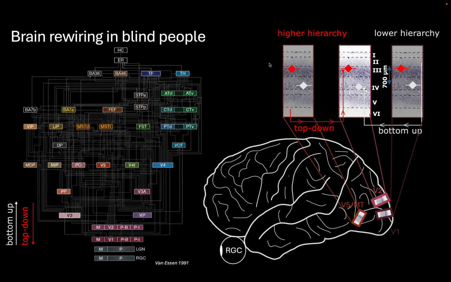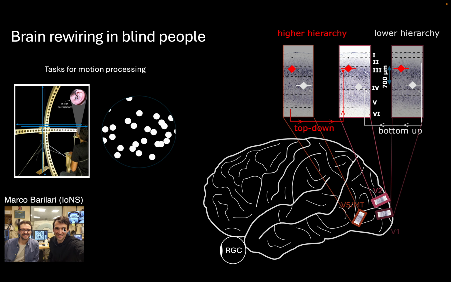So by looking at the layer connectivity, we not only know if a brain area is involved in a certain task, but importantly, we know where this activity is coming from, if it's bottom up or top down. And we can try to disrupt our network to then see how the rewiring changes. For example, with Marco Barilari, we were looking at data from blind people in layer-dependent fMRI, as opposed to sighted people.